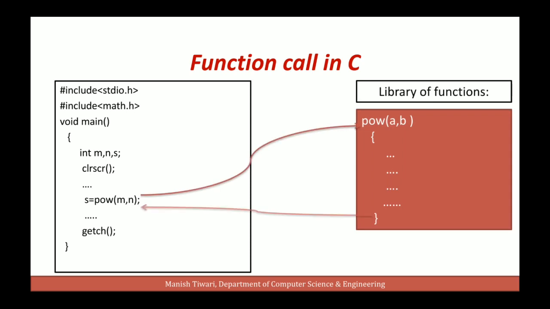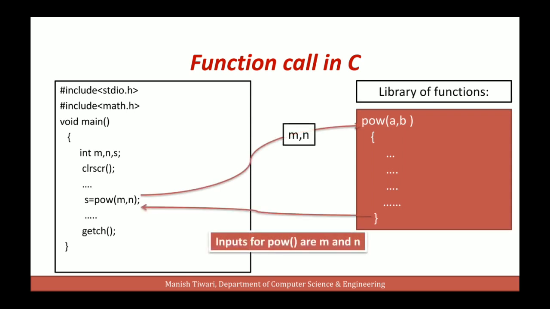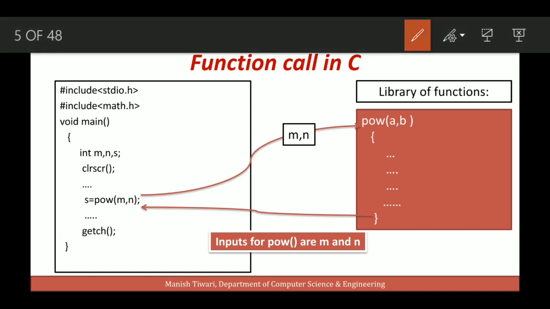This pow function takes two inputs, m and n, the value of m and the value of n, and here the value of m is basically copied into variable a, and the value of n is copied into variable b. So actually it will calculate a to the power b and will return its value a to the power b.